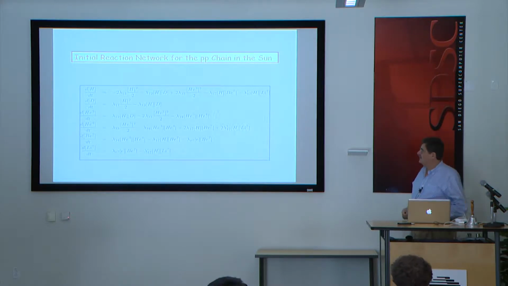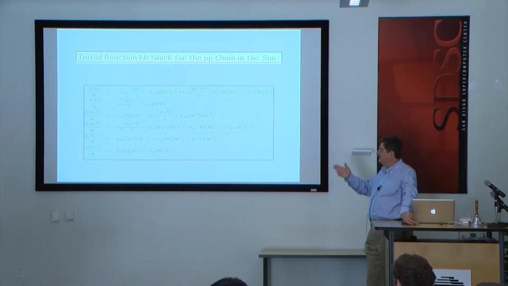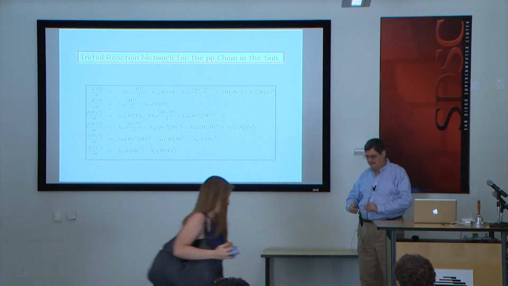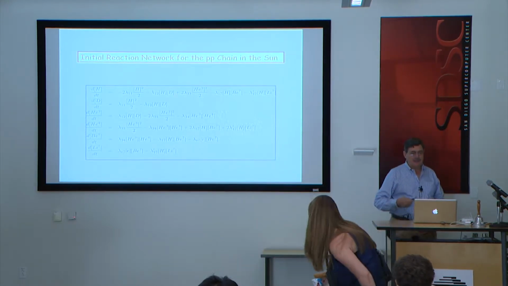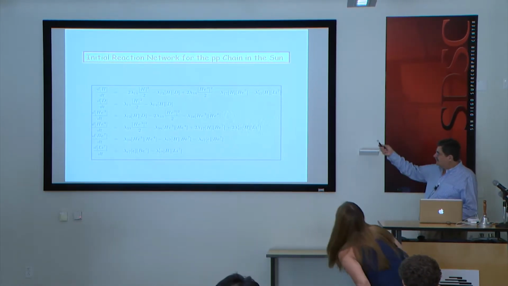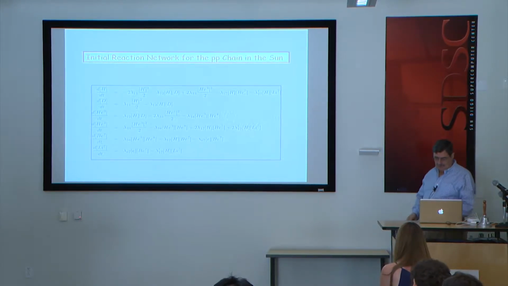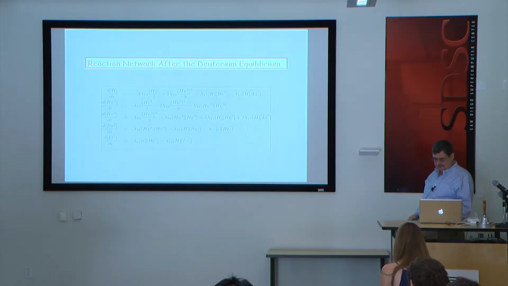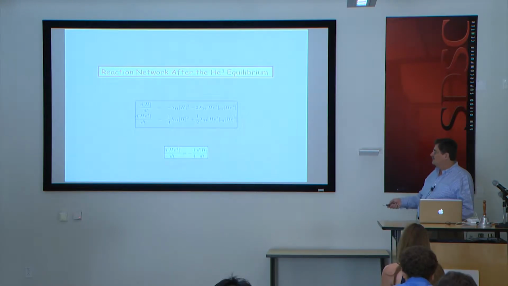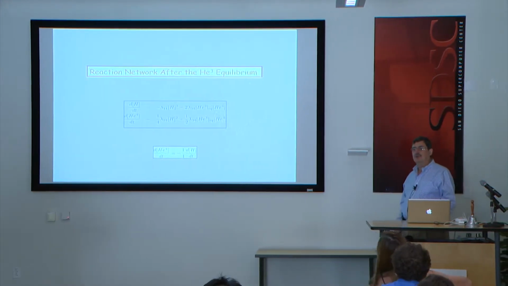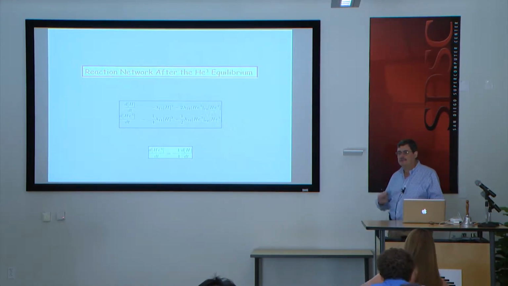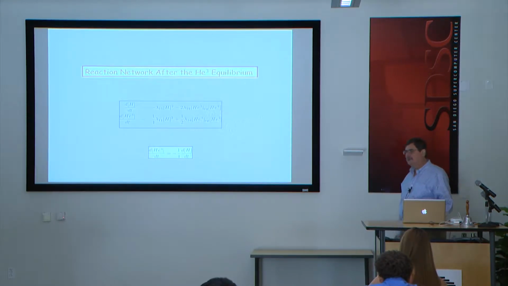Okay, last time we had seen this network of reactions in the sun, and we had seen that there is a stage equilibration. After you go through all the equilibration stages, basically what you were doing was converting 4 protons into 1 alpha particle.